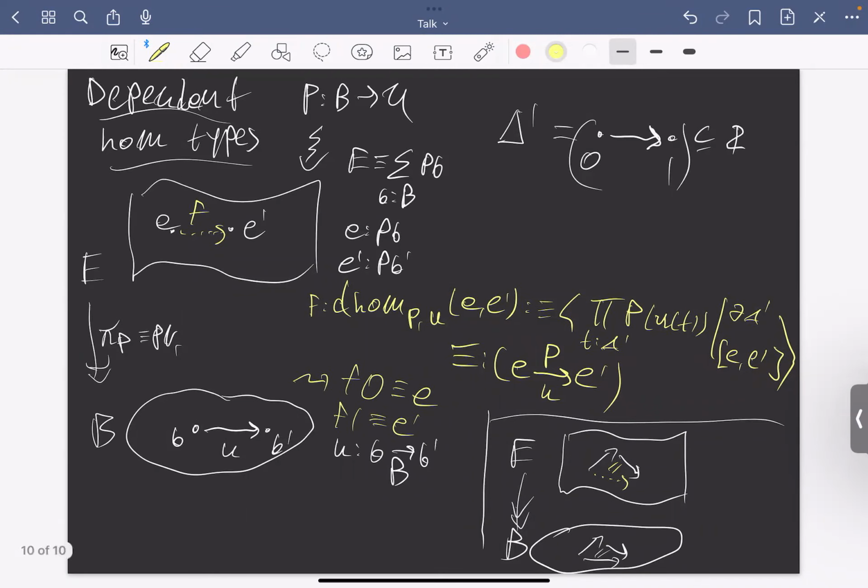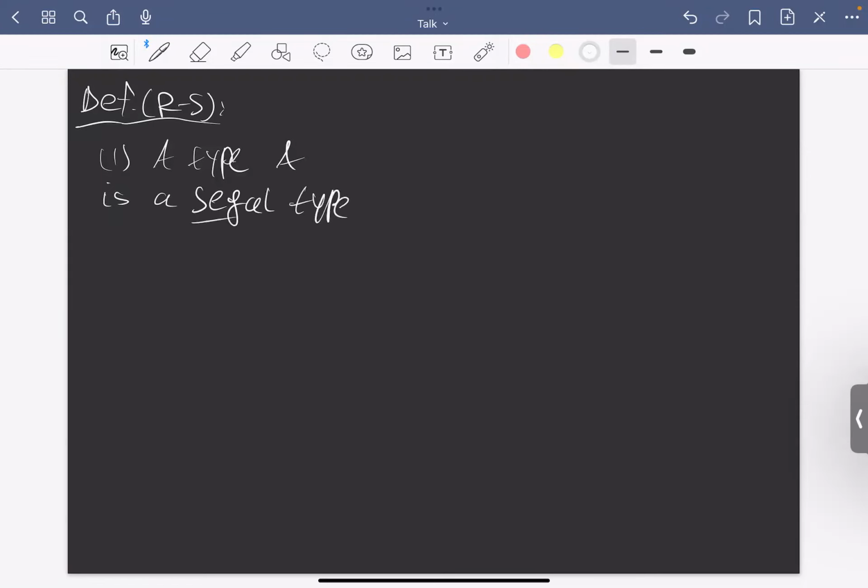Okay, so let's get to the notion of infinity categories in that setting. So let's do the Riehl–Shulman definition. A type A is a Segal type, or a synthetic pre-infinity category, if the following holds.